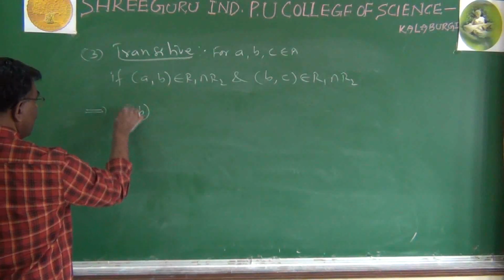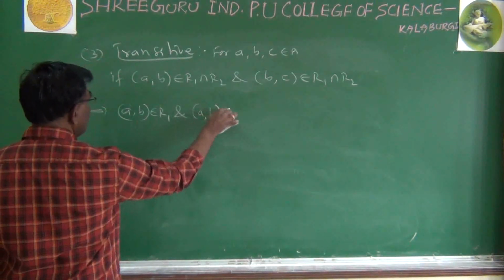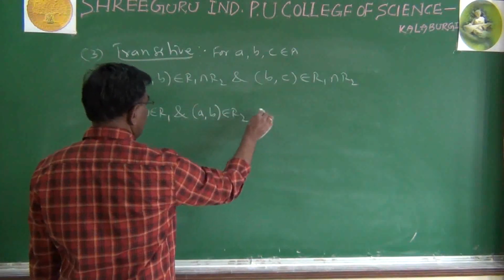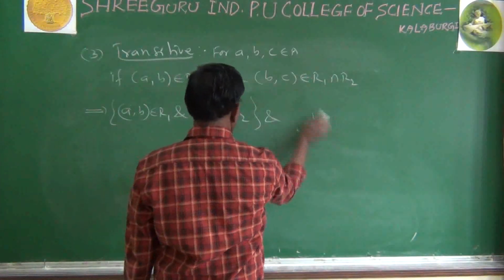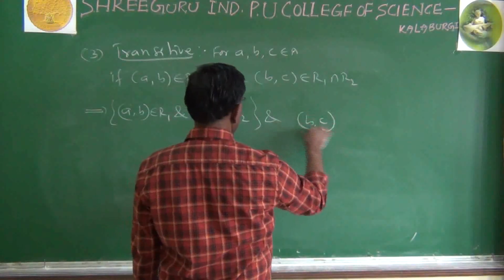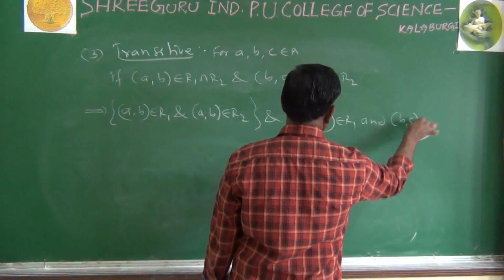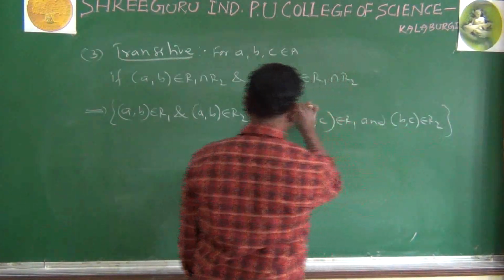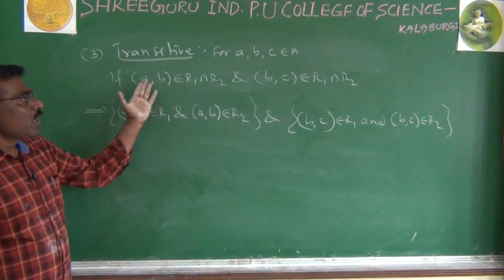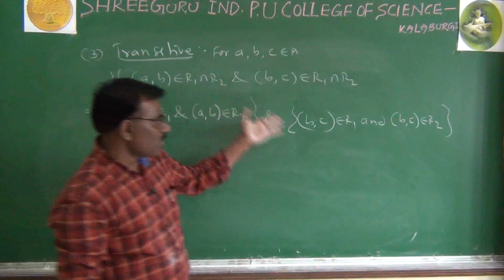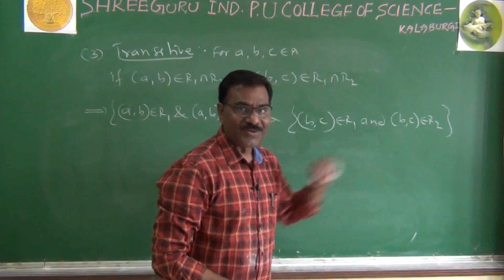It implies a, b belongs to R1 and a, b belongs to R2. This is one. And b, c belongs to R1 and b, c belongs to R2. So I am taking the intersection.